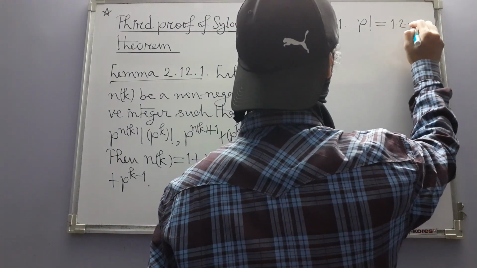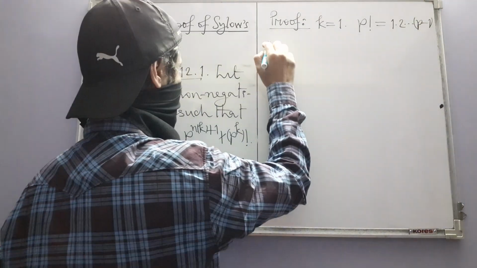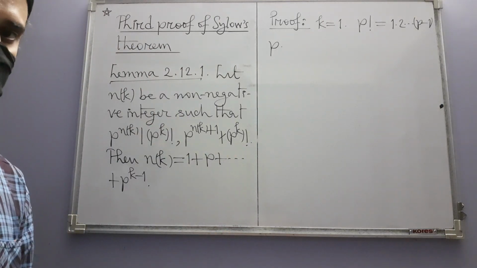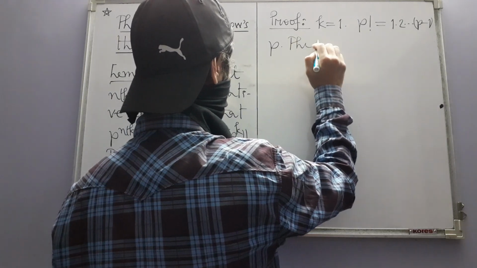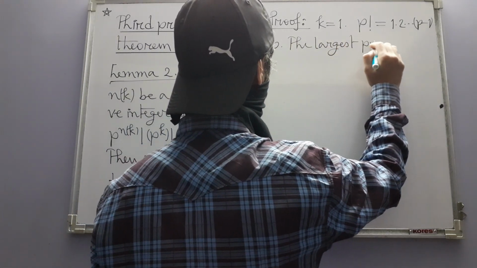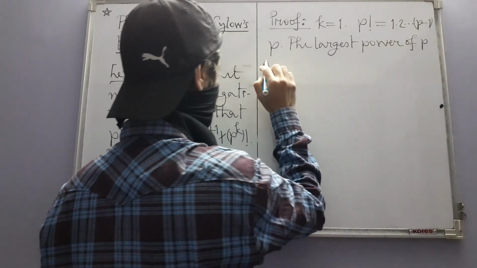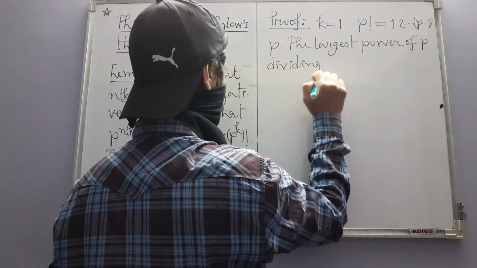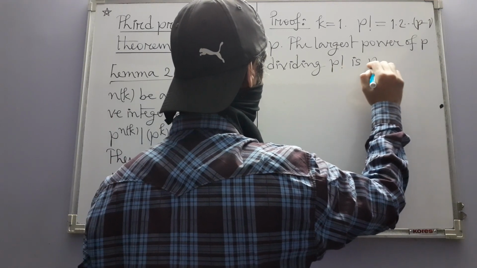And if you write it as the product that it is, then you get this. So the largest power of p dividing p! is p.